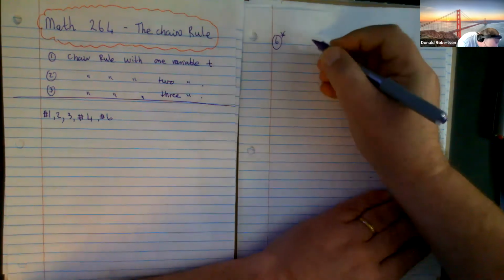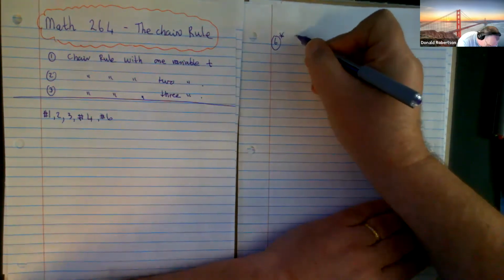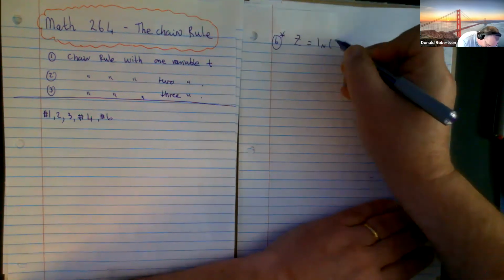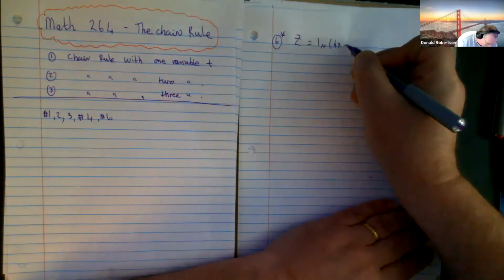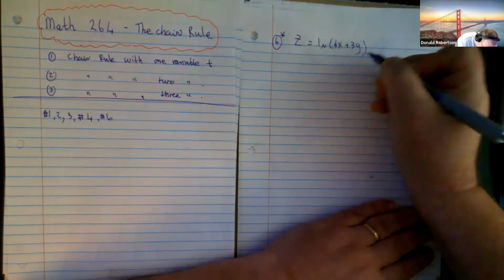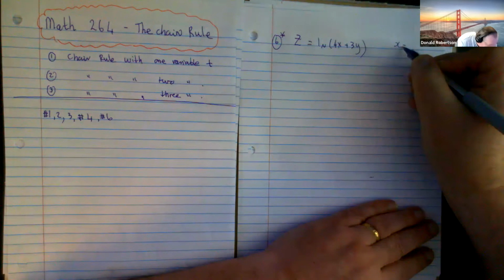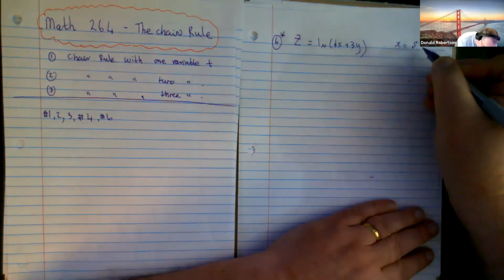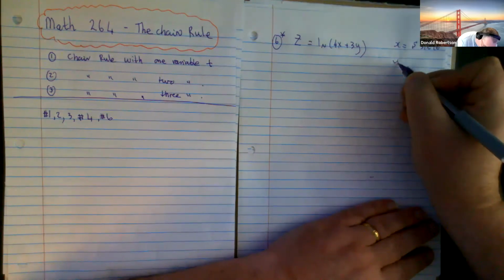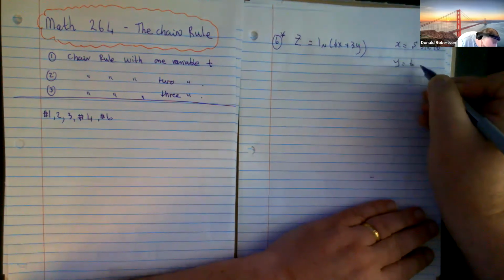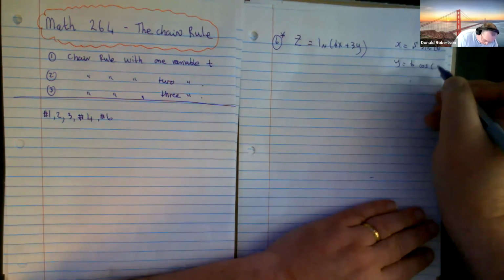The function I've got is z equals the natural log of 4x plus 3y. But x is s times the sine of t. And y is t times cosine of s. Very interesting.